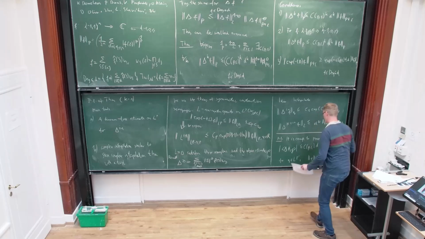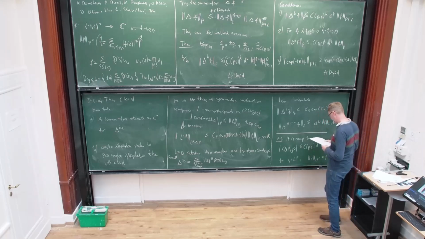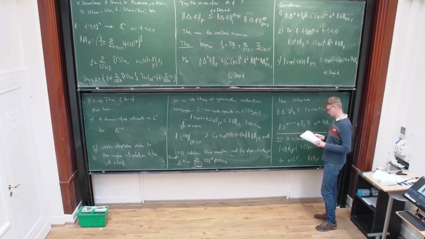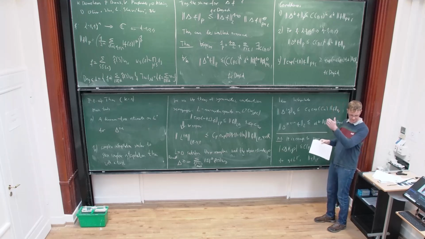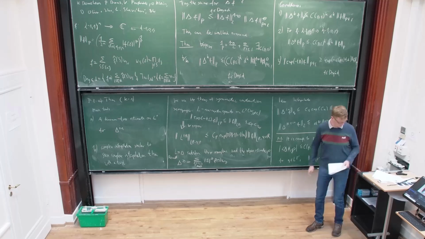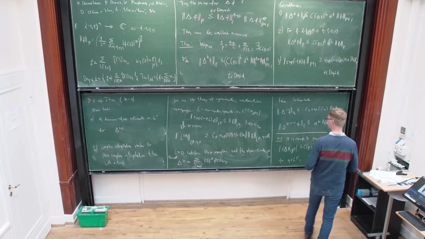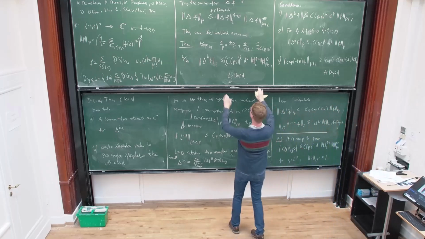Okay. So for this purpose, I'm going to build a family of holomorphic functions, and then we will estimate them on the boundaries of the corresponding strips. First, we erase some of this above.